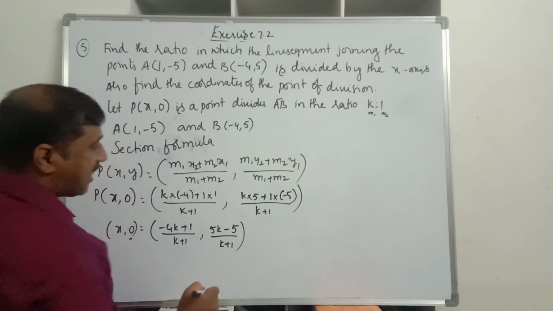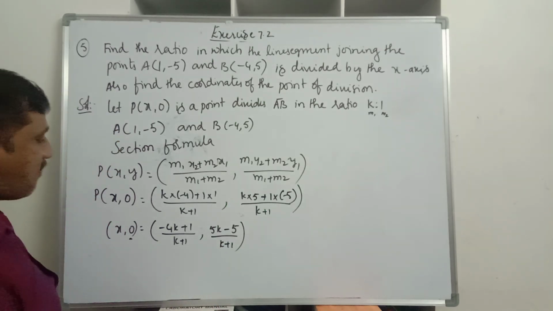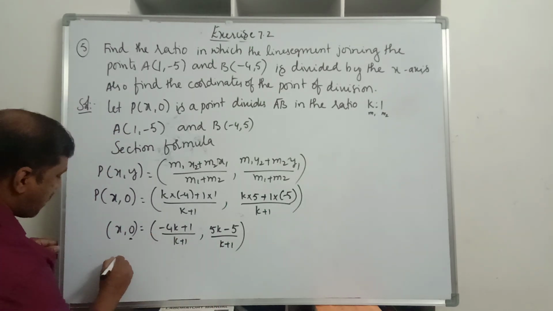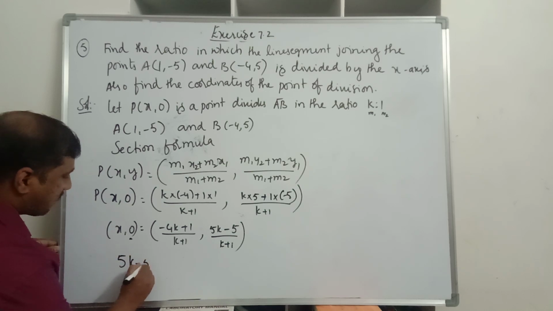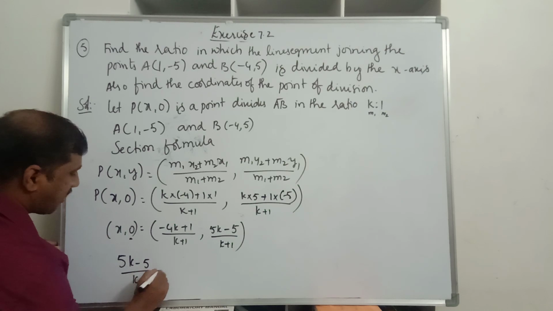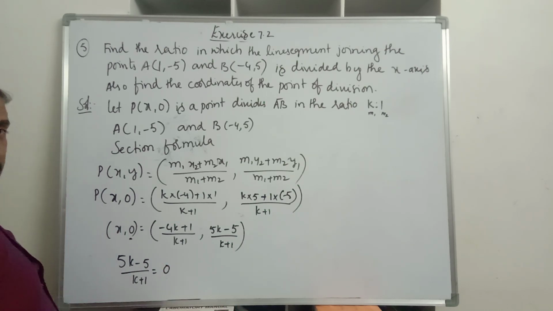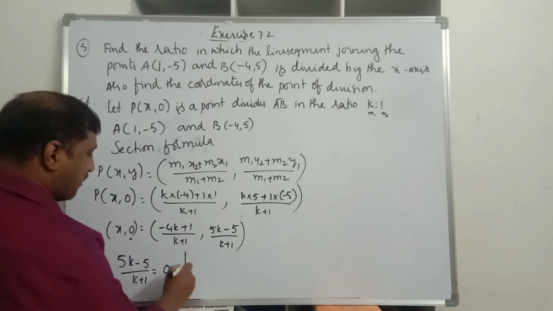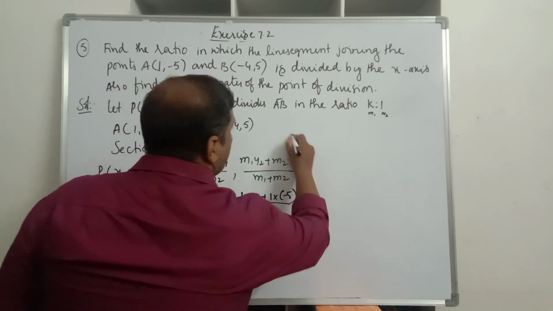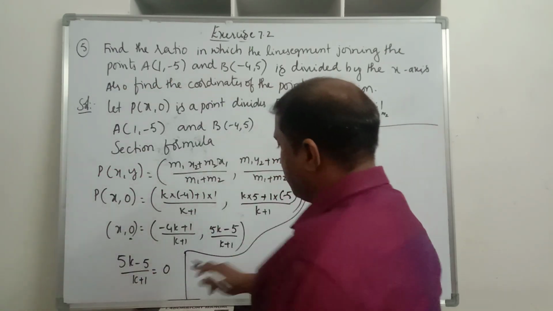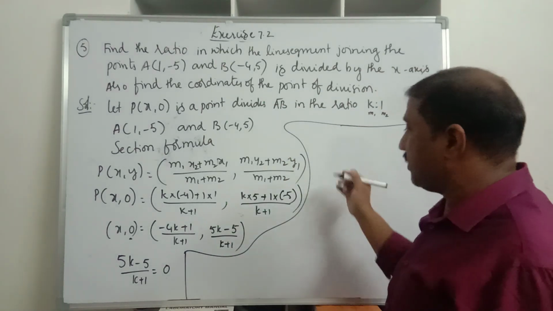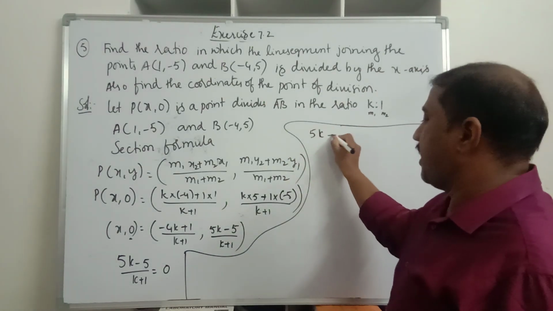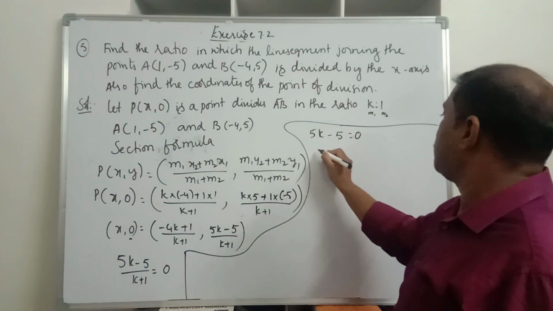Here the y coordinate is what? 5k minus 5 divided by k plus 1 is equals to what? It is 0. Now by cross multiplication, what we get? So it is k plus 1 into 0, it is 0. That is 5k minus 5 is equals to 0.